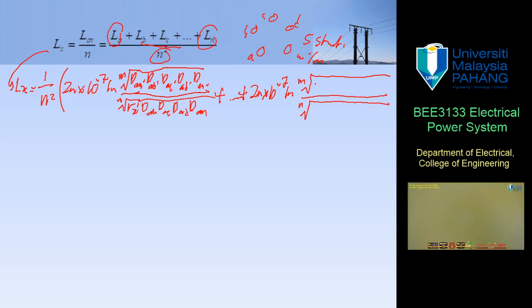Okay, then here we have the DNA prime, DNB prime, DNC prime, DN prime, again multiplied with DN prime. Okay, we have this.